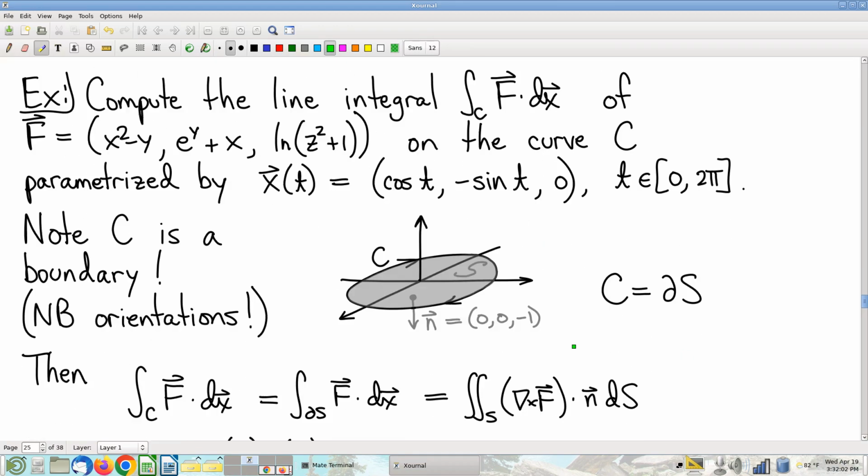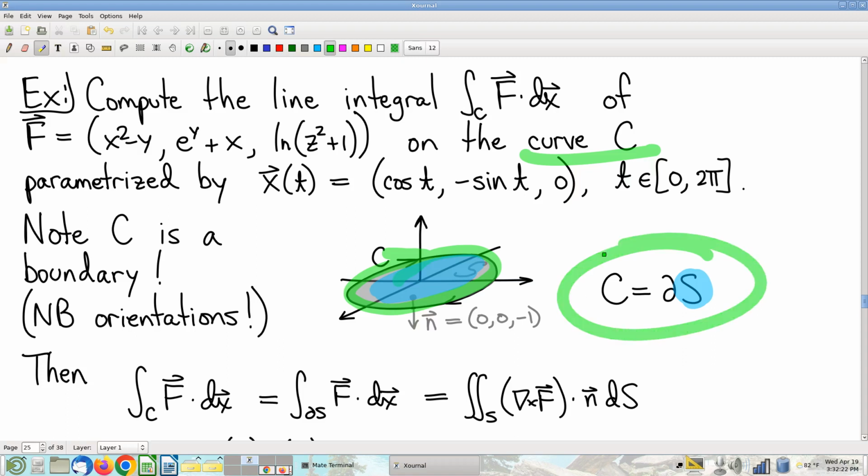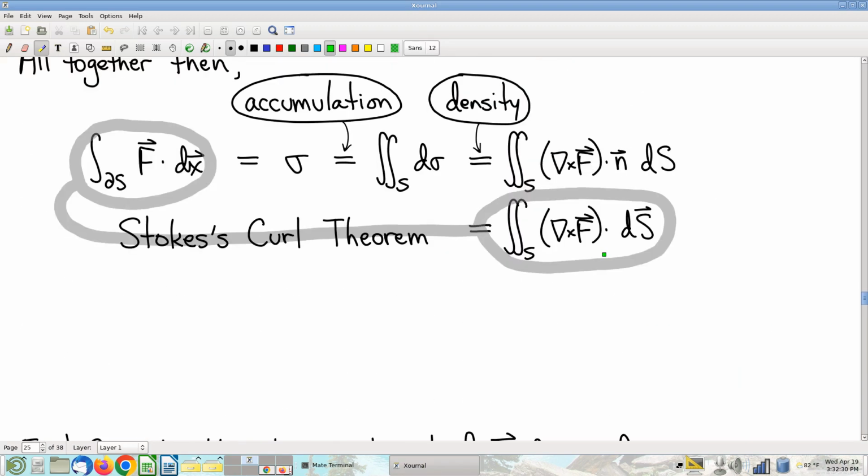But picking up with our example, we'd already talked through that this curve over which we've been asked to compute a circulation is a boundary. Specifically, it's a boundary of this surface S here. So if we've been asked to compute a circulation over a boundary, that's what makes Stokes' theorem applicable.